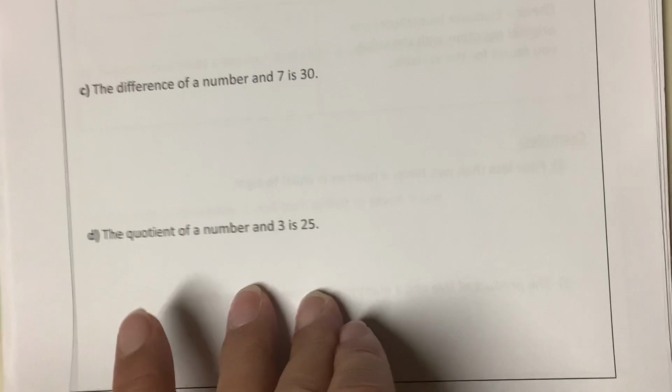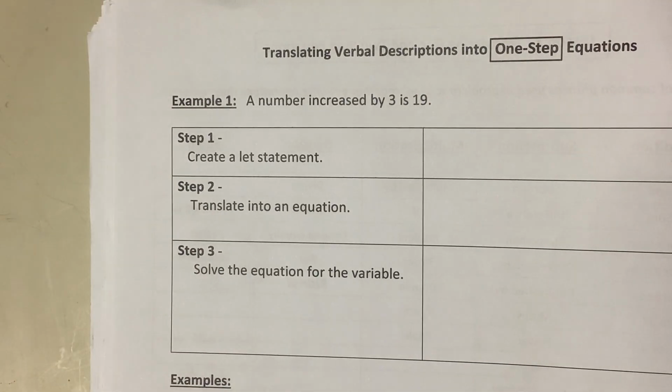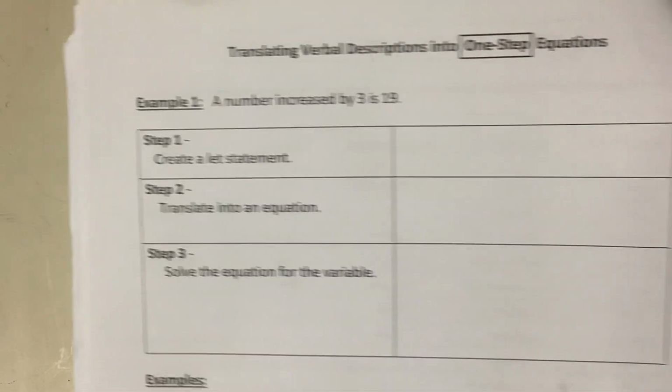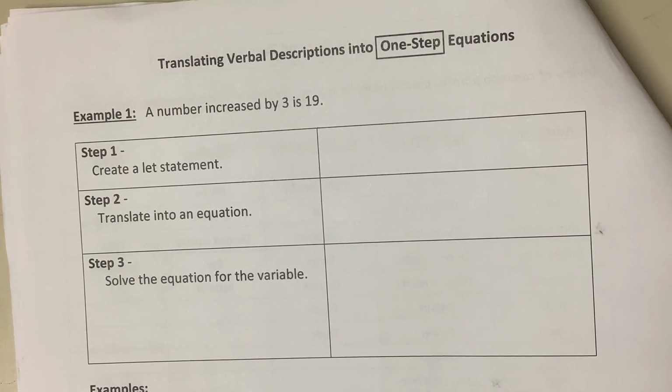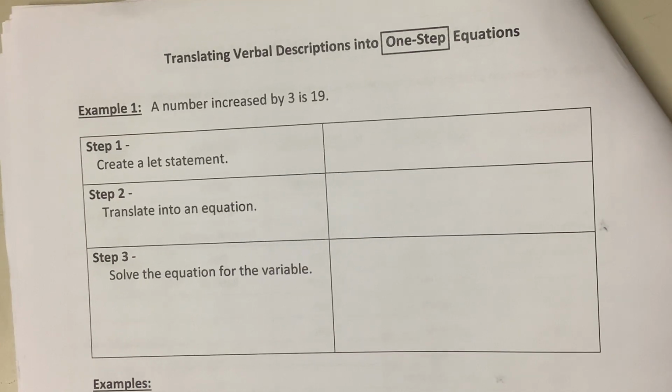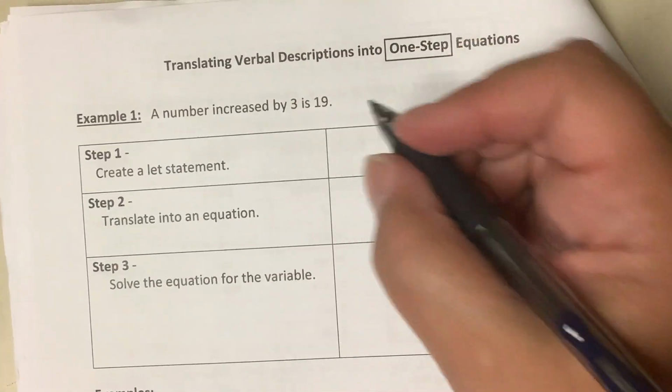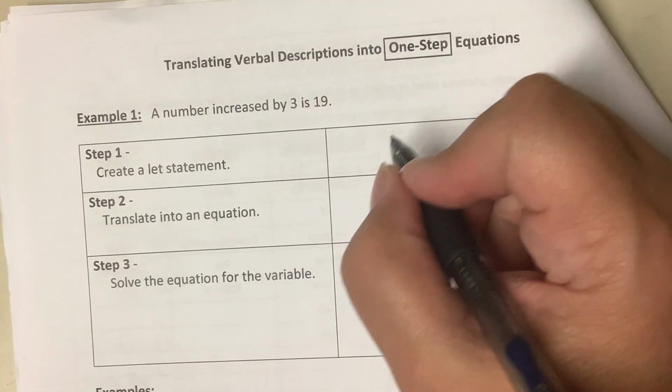Okay, let's do some problems. Here we go. A number increased by 3 is 19. Create a let statement. A let statement lets the person know what variable you're going to be using. I like n and x, but today I'm going to use n.